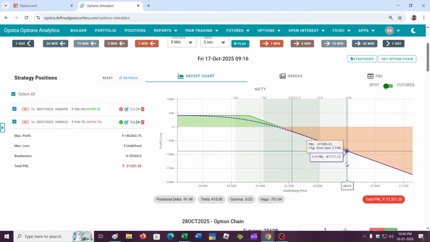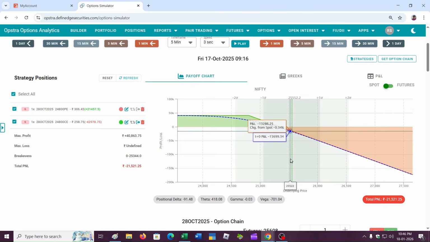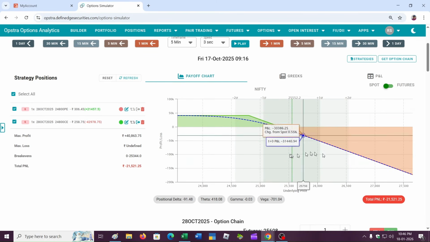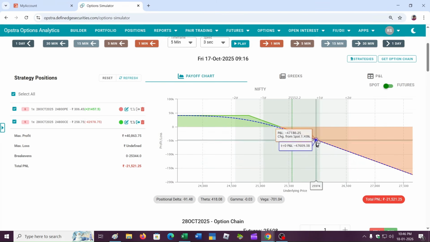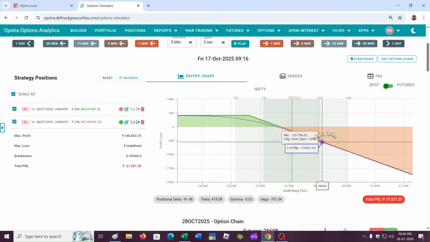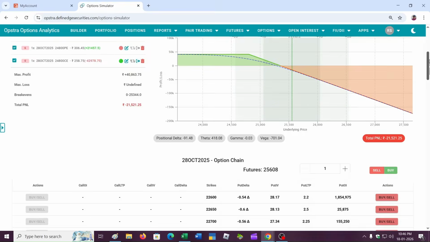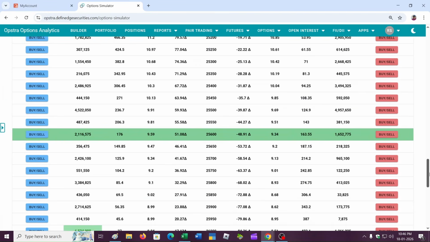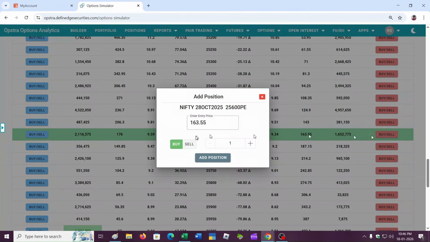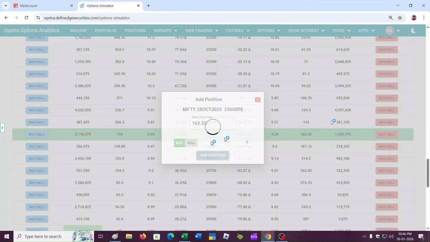We should be aware of that. But if you can stomach that risk, then that's fine. Otherwise, we can reduce this risk to some extent by selling an at the money put option. The at the money now is 25,600. Sell one and collect the premium.